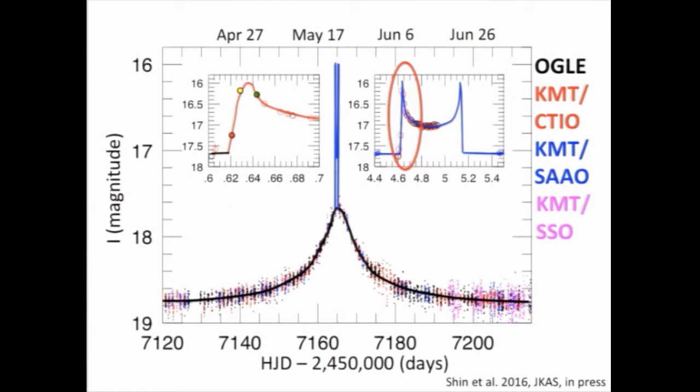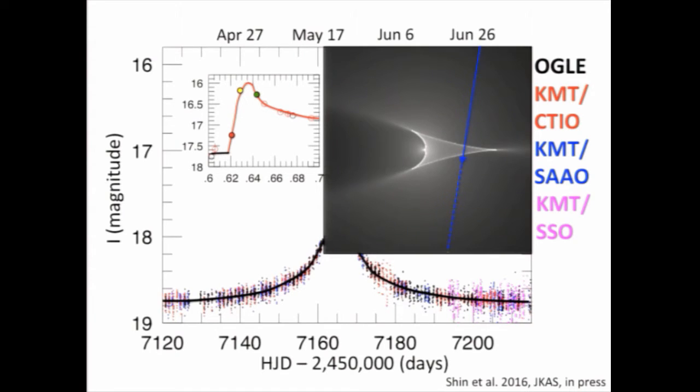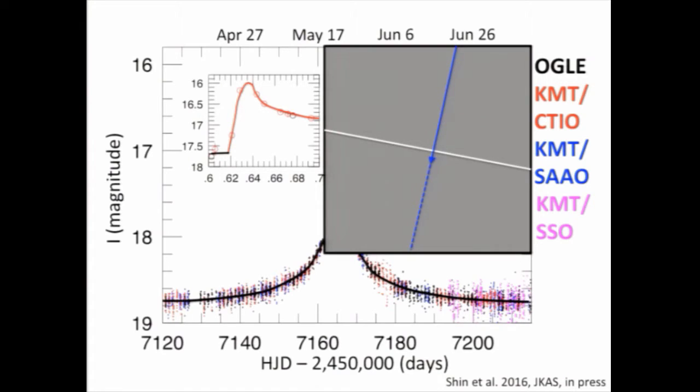If you remember this event, you have a caustic crossing, and you'll notice that you don't actually observe the magnification going to infinity over the caustic crossing. What you see instead is the size of the source, because it has a finite size, crossing the caustic. The width of that caustic crossing reflects the size of the source, and that gives you a ruler, so then you can measure theta E, the angular size of the Einstein ring, from that.